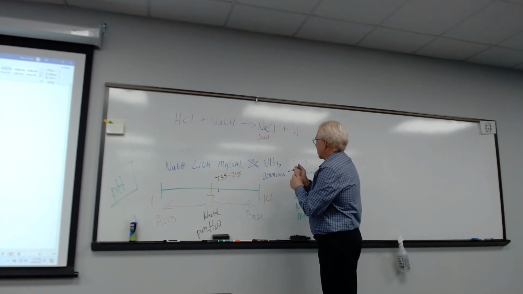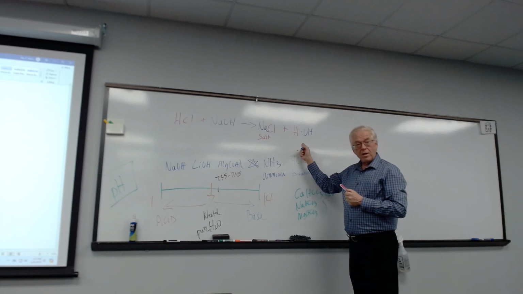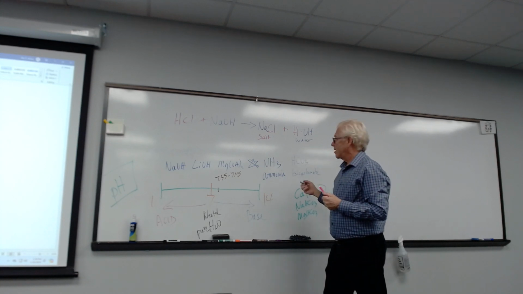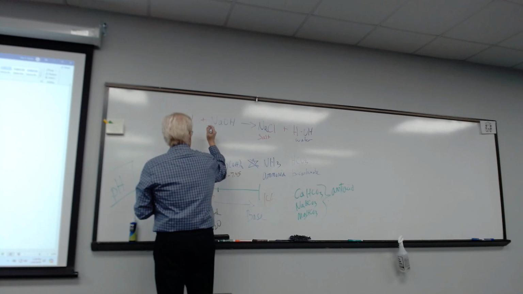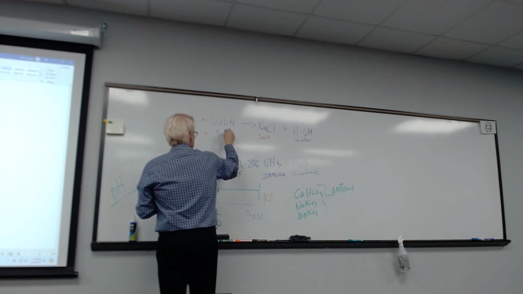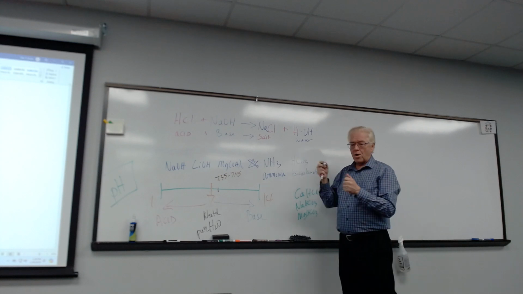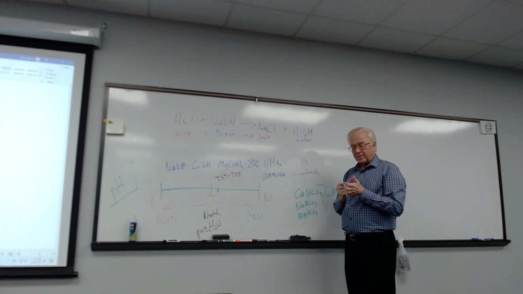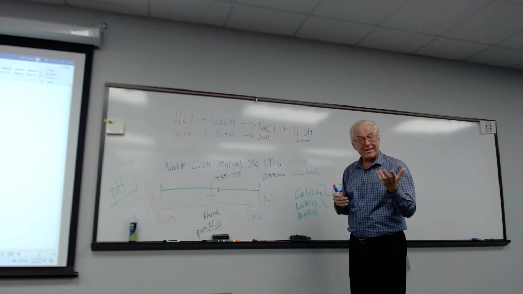H and OH. What do we call this? Water. Got it? So we have an acid and a base becoming salt and water. That's neutralization. My acid is no longer acidic, and my base is no longer basic.